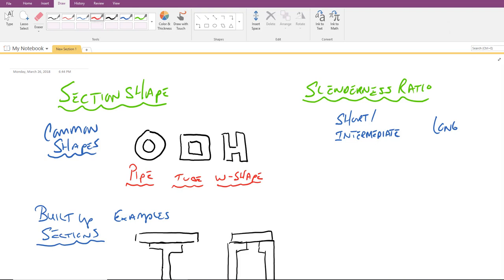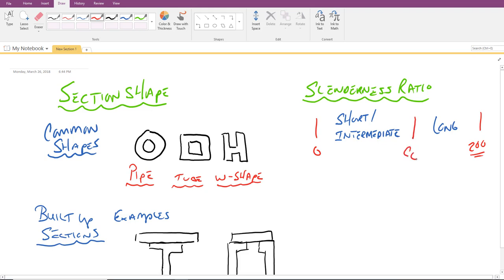Now what we need to do is have a breaking point between those. The slenderness ratio on this end would be 0. If you recall, we talked about the slenderness ratio of 200 being the upper limit for steel. But we've got to have some sort of a way to define the difference between these two sections, because they're going to behave differently.